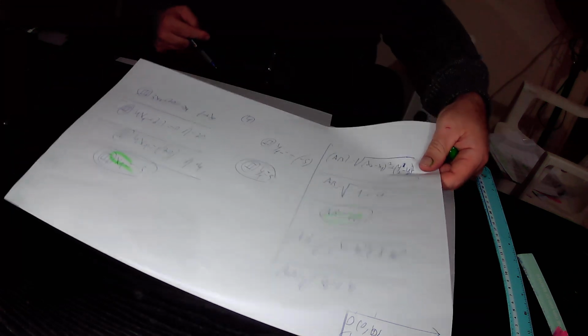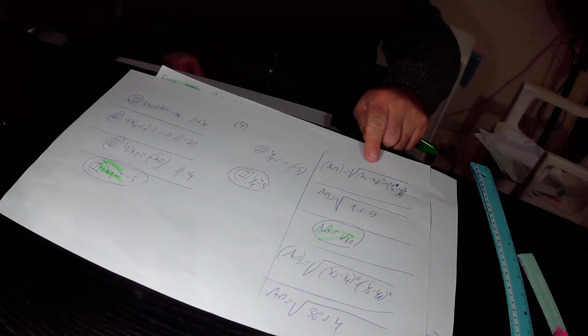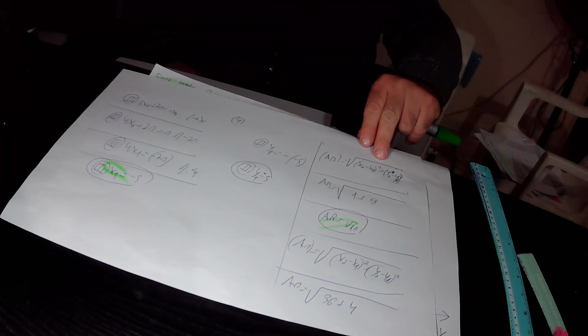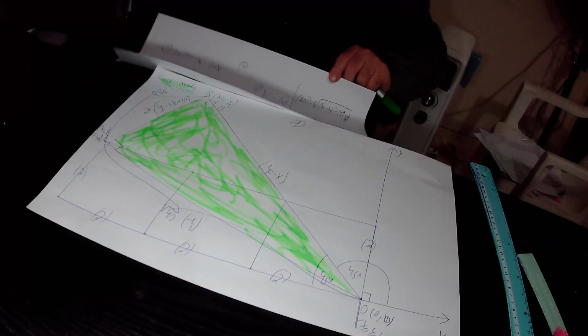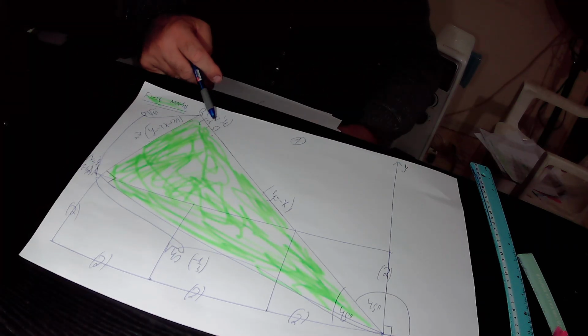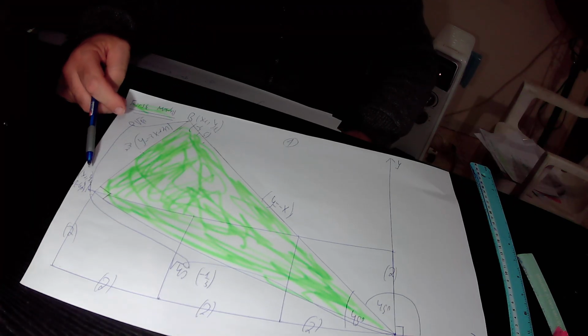So in total, (x2 minus x1) square equals 1. Likewise we have (y2 minus y1) square. y2 is 5, y1 is 2, so 5 minus 2 is 3, and 3 squared is 9.